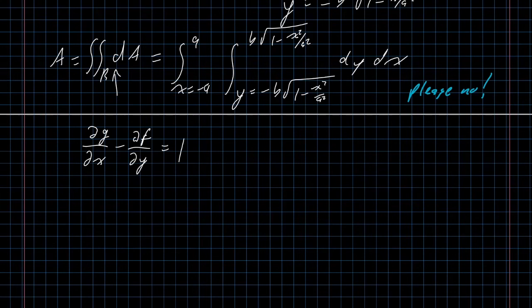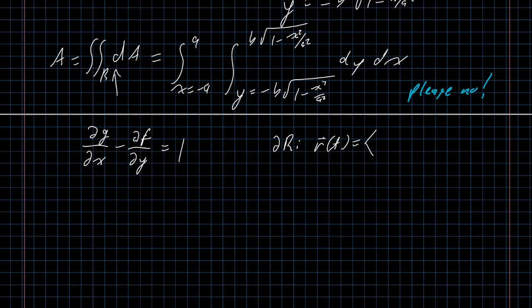If I'm using Green's theorem on a vector field where partial g partial x minus partial f partial y is equal to 1, I know that this is what I end up with. I guess I also have to know what the boundary is. But for an ellipse, that's actually fairly straightforward.